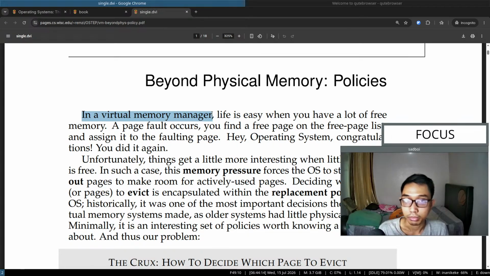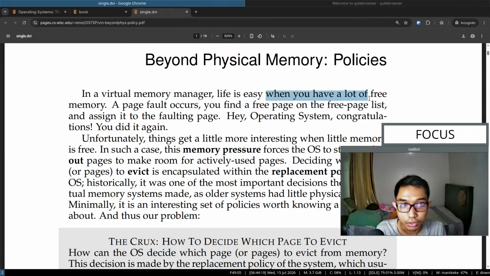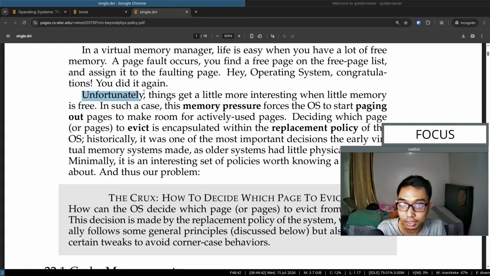In a virtual memory manager, life is easy when you have a lot of free memory, right? A page fault occurs, you find a free page on the free page list and assign it to the faulting page. Hey, operating system, congratulations, you did it again. Unfortunately, things get a little more interesting when little memory is free.